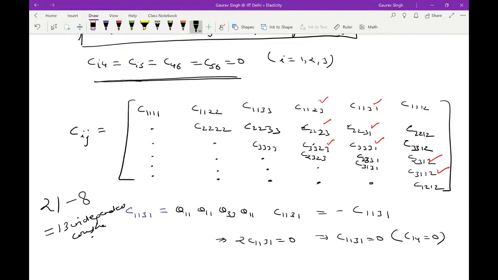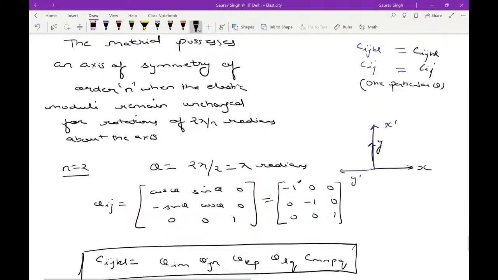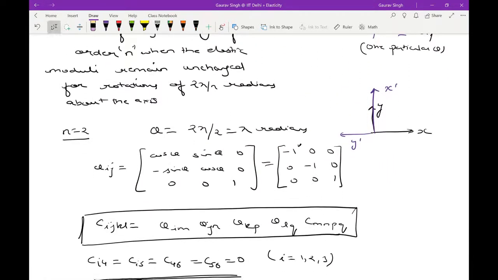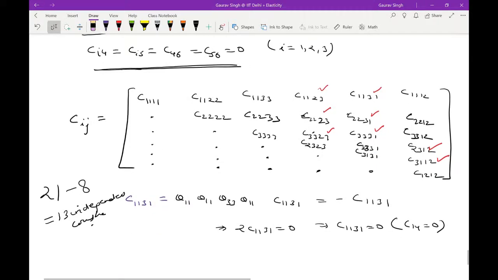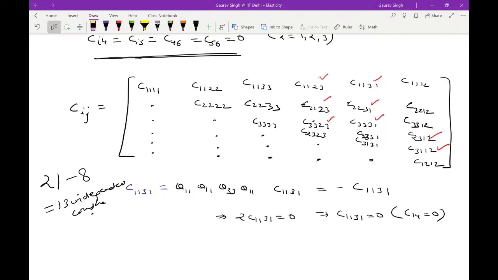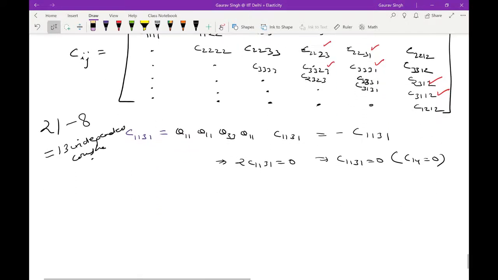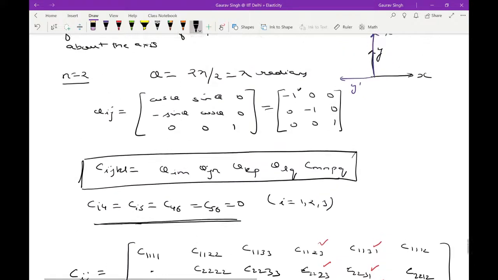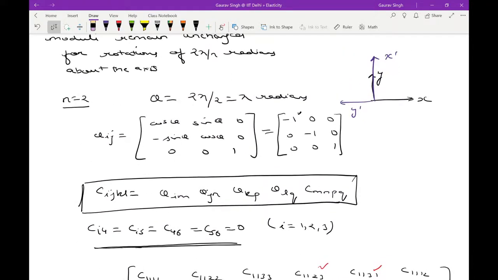What it means is that if you have a rotation about the axis z by pi radians, you will have only 13 independent constants. Now let's take up a case of, say, theta equal to... I'm just taking the easier cases because I want to demonstrate something. Ideally, you can take any angle, theta equal to, I don't know, 23.7 degrees.